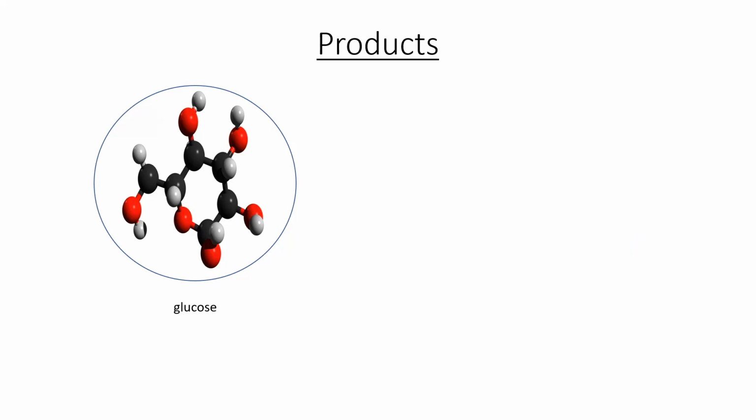Now, just talking about glucose first. Glucose is a molecule that we call a sugar. Now, the chemical definition of sugar is not important for us at the moment in our science journey. All we need to know is that glucose is a product that lots of animals get energy from.